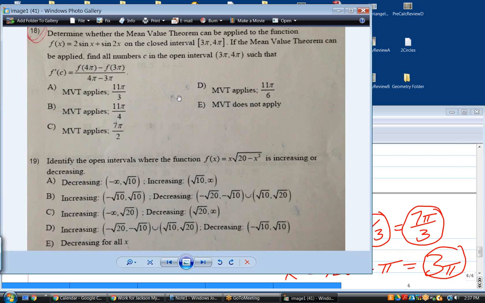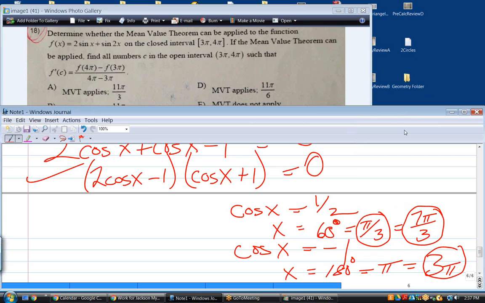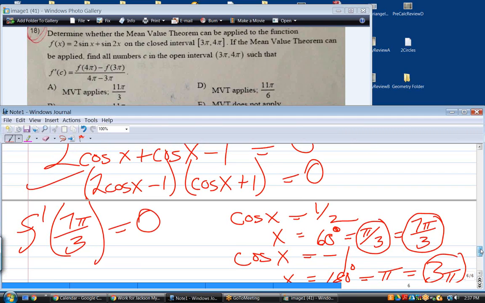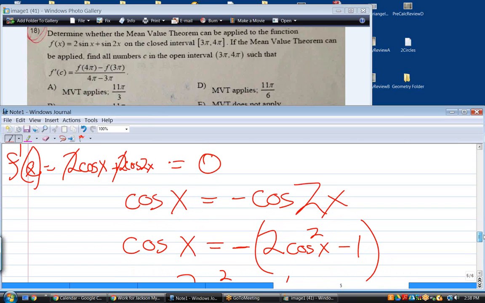Well, let's see. First of all, we're looking where f prime of 7 pi over 3 has to equal 0. Is that true? In other words, maybe I made a mistake.